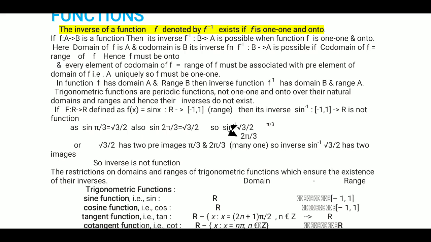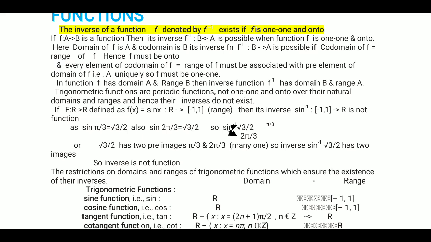as we take an example, sin(pi/3) is root 3 by 2, and sin(2pi/3) is also root 3 by 2. So root 3 by 2 has two pre-images, pi/3 and 2pi/3. It means the function is many-one.